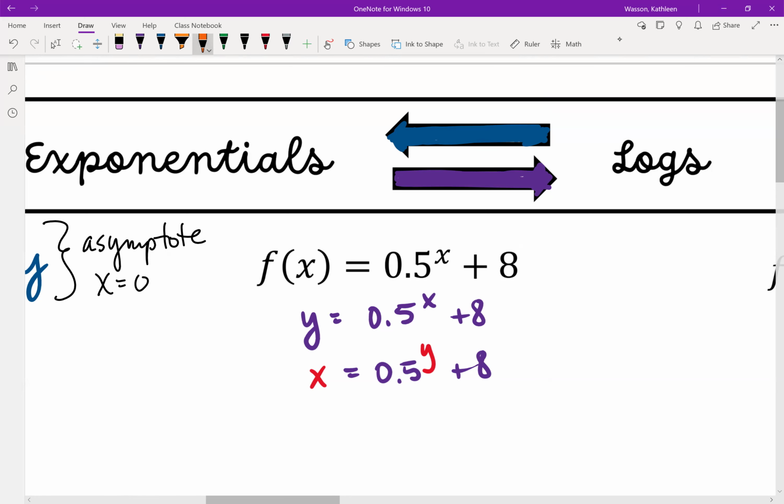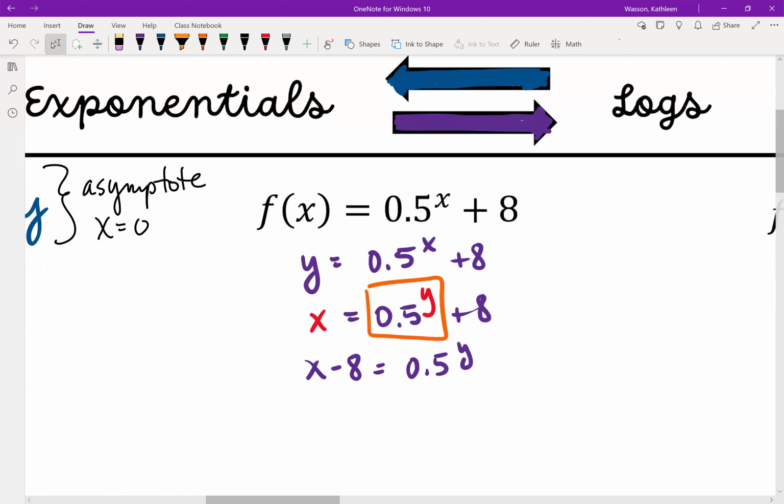Since I'm isolating this part, oops, let's do, cooperate, please, computer. I will need to subtract 8 so that I can isolate my base with my exponent. So I'll write x minus 8 equals 0.5 to the y power. And then to figure out what y is, to get it down out of the exponent, I need to rearrange this as a log problem.